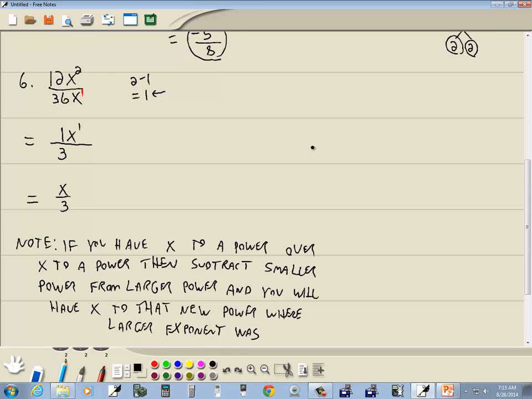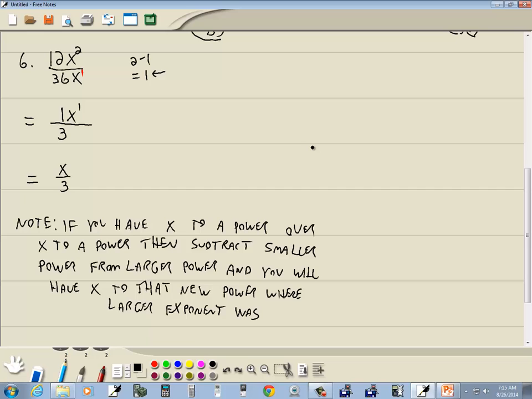Okay, now let's look at our prime factorization. We've got 12x squared over 36x. Okay, 12 is divisible by 2, 2 times 6. 2 is prime, so we circle it. 6 is divisible by 2, 2 times 3. 2's prime, so we circle it. 3's prime, so we circle it.